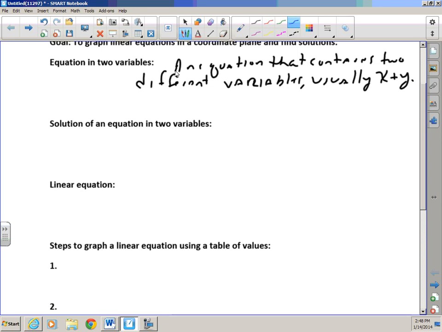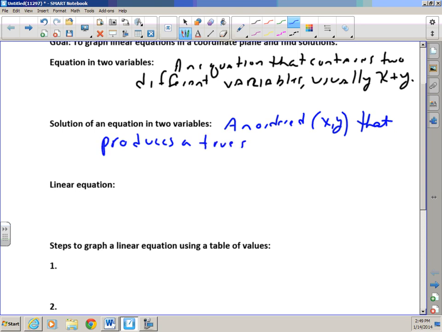The solution of an equation in two variables is an ordered pair, or a point, (x, y), that produces a true statement when the values of x and y are substituted into the equation.